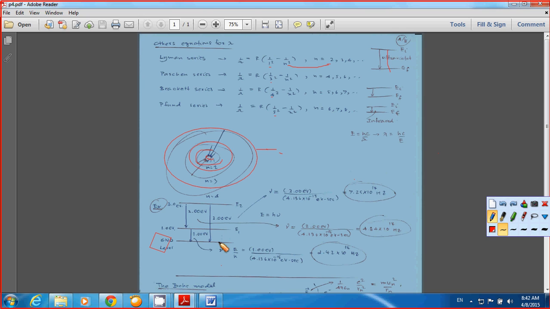What I show here is how to calculate the different frequency, or you can also find the different wavelength at each energy transition.